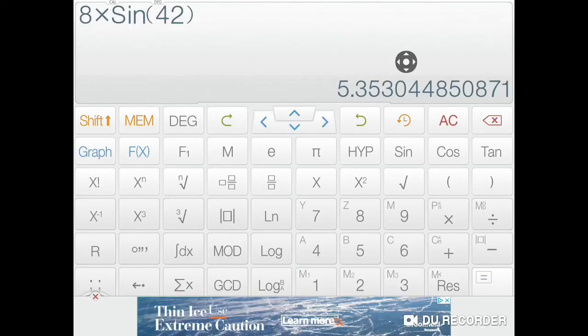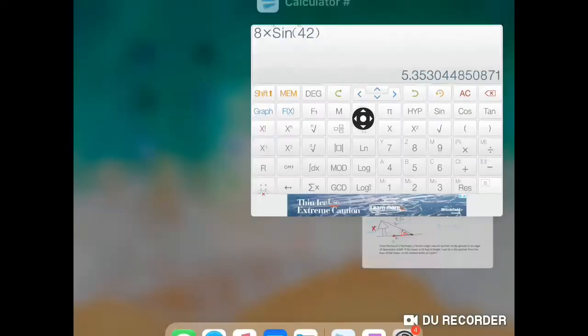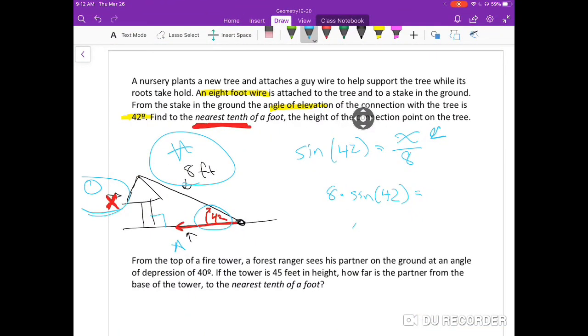Now, rounding is super important. The tenth is where the 3 is, so I look one digit behind it. If it's 5 or above, I give it a shove, so I change it to a 4. If it's less than that, I leave it alone. Since there's a 5, this 3 becomes a 4. So the answer would be 5.4 feet.